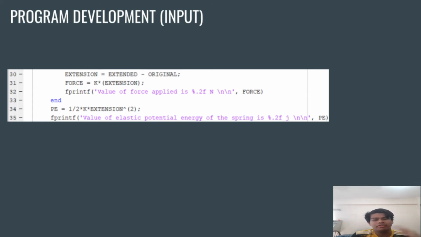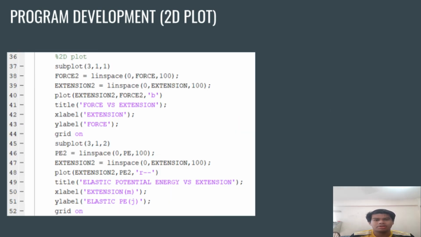Then we calculate the elastic potential energy, with the formula 1/2 times K times extension squared, and display the value of the elastic potential energy of the spring to 2 decimal places. This is the 2D plot, where we have 2 graphs.